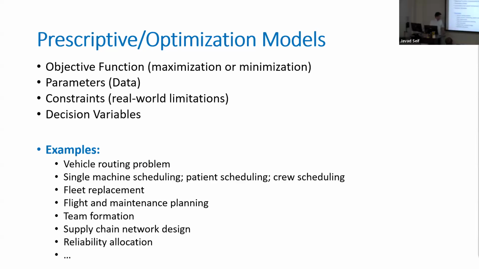Supply chain network design. Why do you think supply chain network design is an optimization problem? First of all, what is supply chain network design? What is the network in a supply chain? Let's say I am making a product. It has 100 items in it, 100 parts in the bill of material.